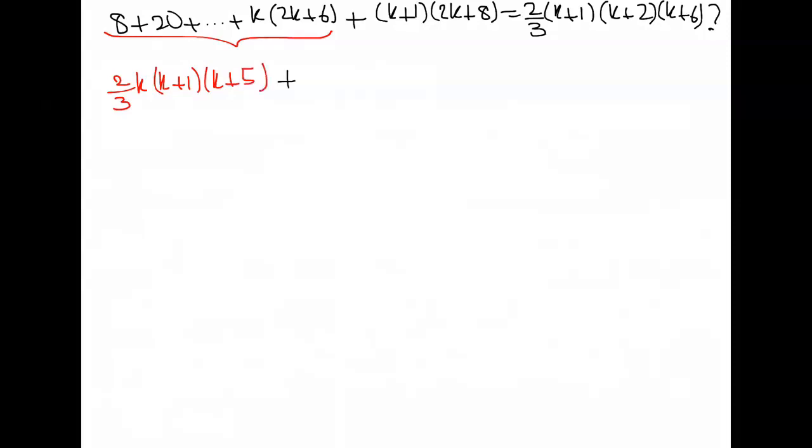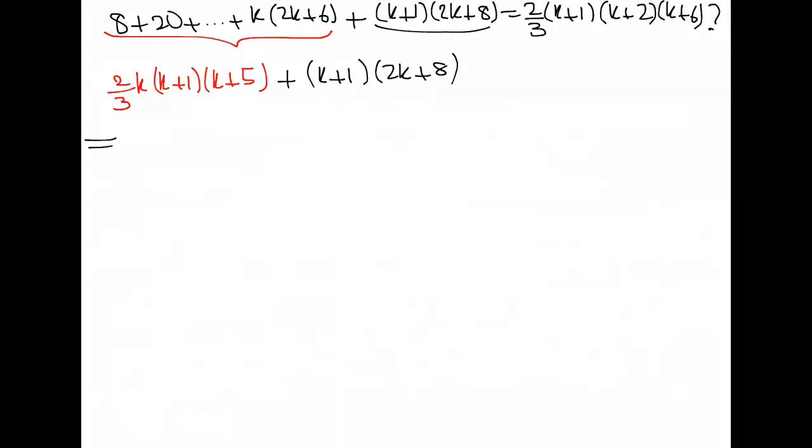And I just add to them the remaining term, which is rank k plus 1, which is k plus 1 into 2k plus 8. And I need to prove that this sum is equal to the right-hand side eventually.